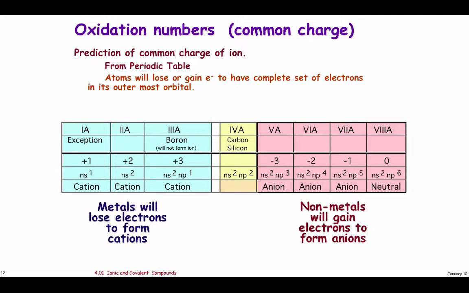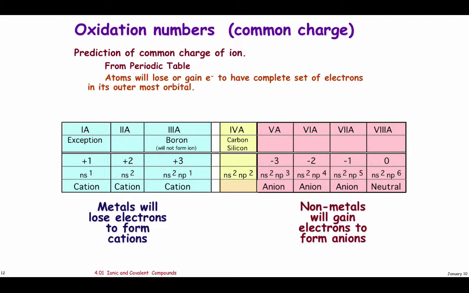And so halogens, fluorines, chlorines, bromines will pick up 1 electron and become -1. The oxygen family elements, oxygen, sulfur, selenium, are 2 electrons removed, so they become the -2 anion. Nitrogen, phosphorus, arsenic, with their 5 valence electrons, are 3 electrons removed, so they become a -3 anion.